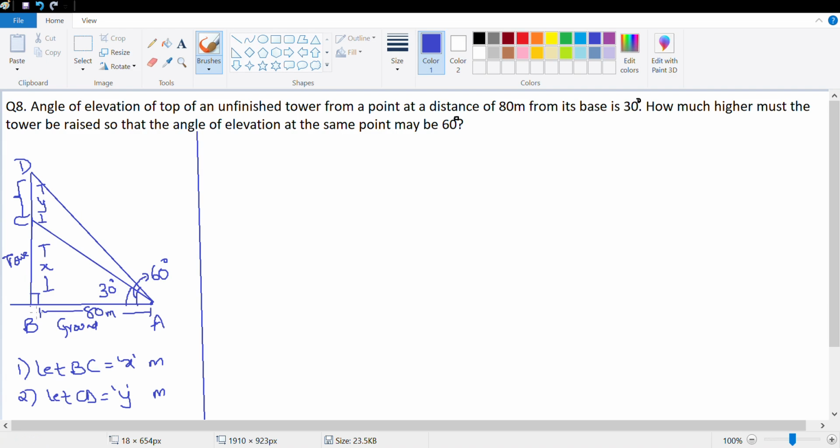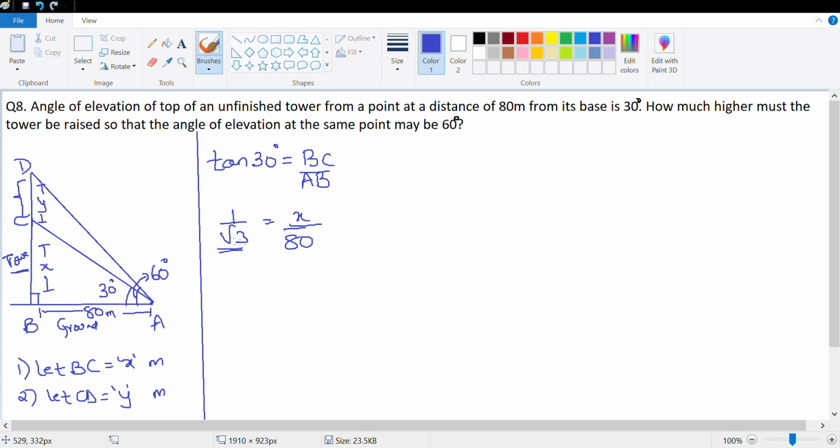Now let's see if I can figure out some trigonometric ratio. Let's look at triangle ABC. I have a right angle and this angle is 30. I need to find this value, so I think this should be a tan function. So tan 30 degree is given by BC upon AB. In this case, tan 30 degree, which is 1 upon root 3, would be equal to BC, which is X, upon AB, which is 80.